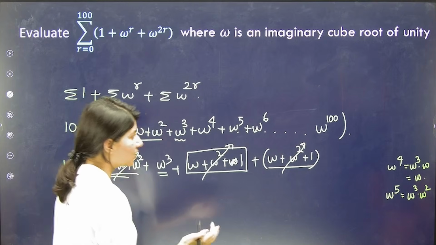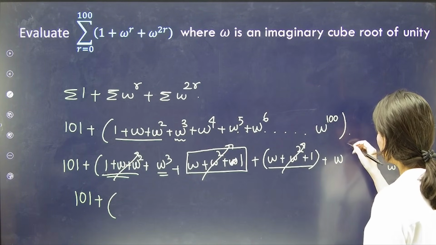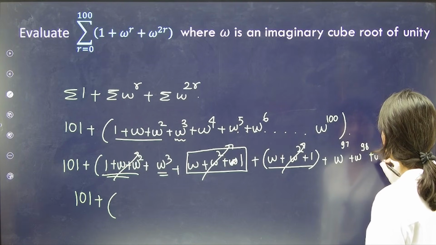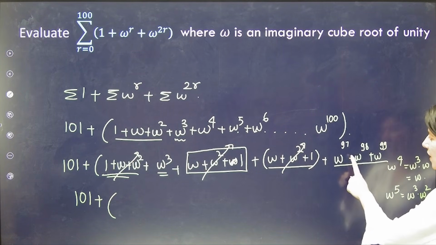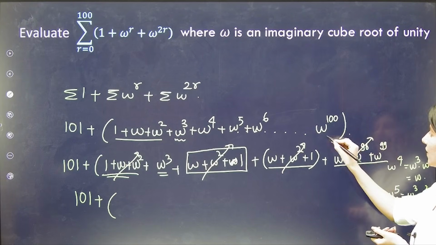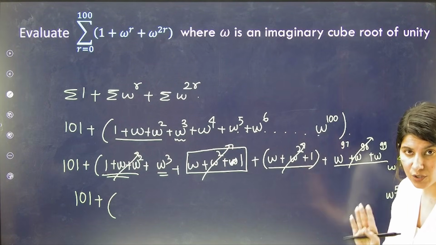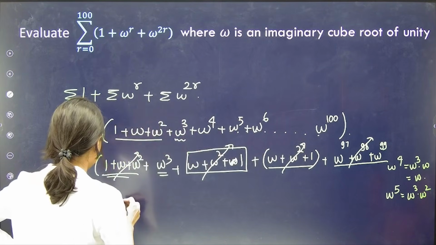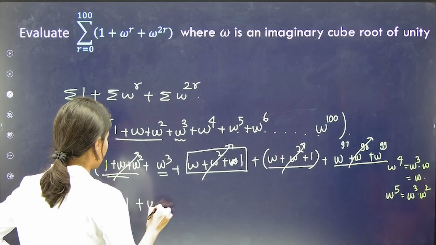Now at last there will be omega power 97, omega power 98, omega power 99, again the same thing, and this is also gone. At last, omega power 100 will be pending. Omega power 100 is omega power 99 times omega, which is omega. So 101 plus 1 plus omega.